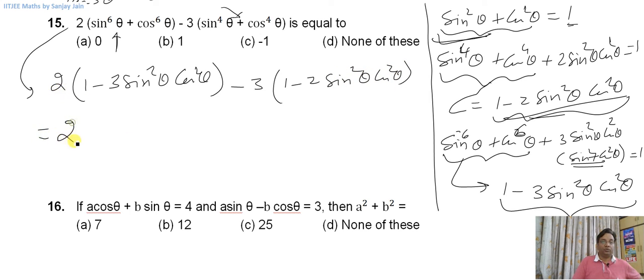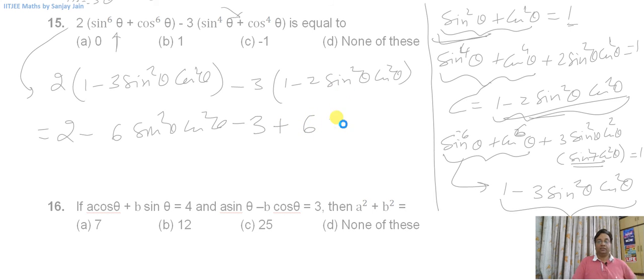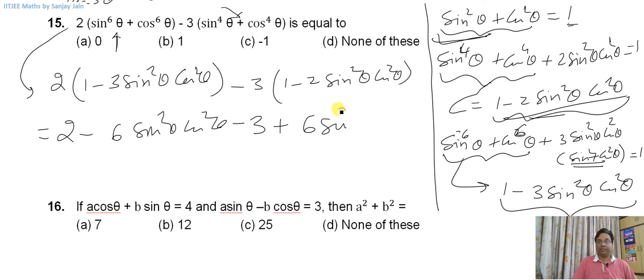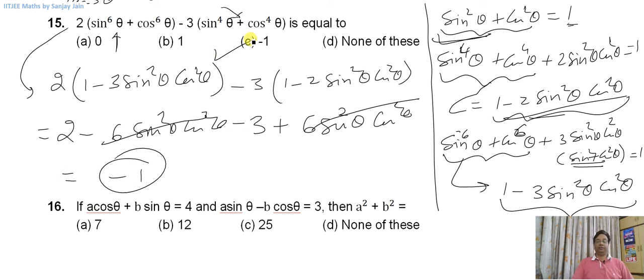This will become 2 minus 6 sine square theta cos square theta, and this is minus 3, then minus minus plus 6 sine square theta cos square theta. Now see, this can be cancelled, and 2 minus 3 will give me minus 1, which is option 3.